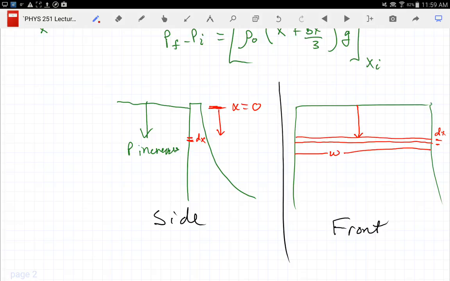If I have a rectangle, I can find the area by multiplying the height by the width. So dA, the small amount of area upon which I have constant pressure P, is equal to that width times dx.